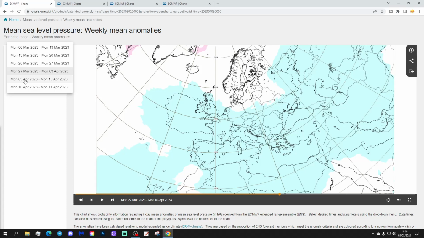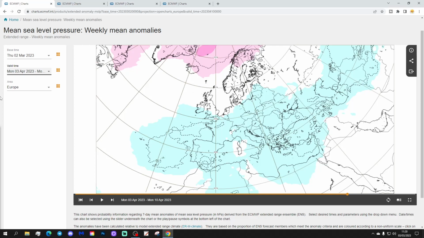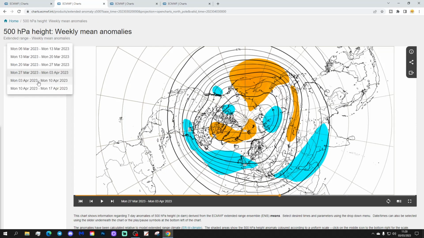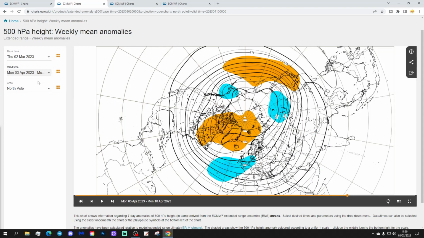Week 5 will be the 3rd to the 10th of April. Again, we see signs of high pressure to our north and low pressure to our south. It's all looking rather easterly, I have to say. Easterlies in April, I don't know.